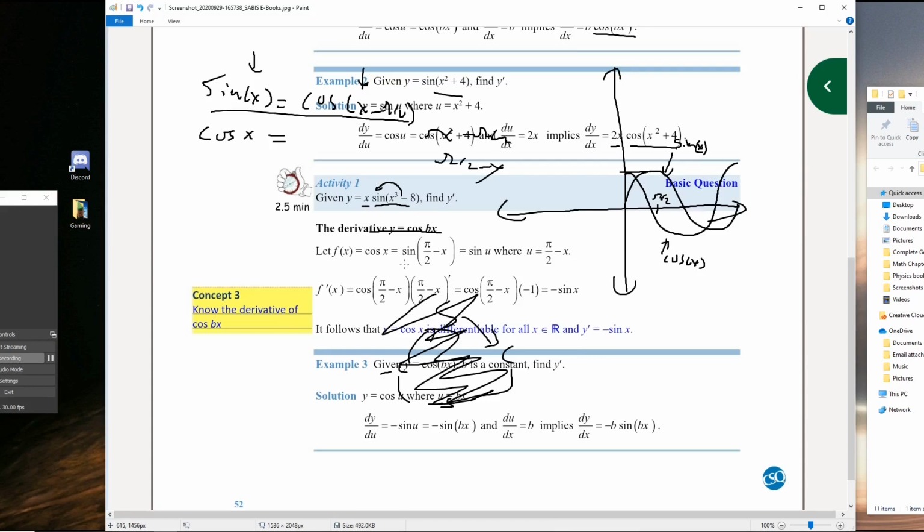Anyways, so cosine x, here you'll have sine of pi over 2 minus x, which is what they used pretty much, as you can see.